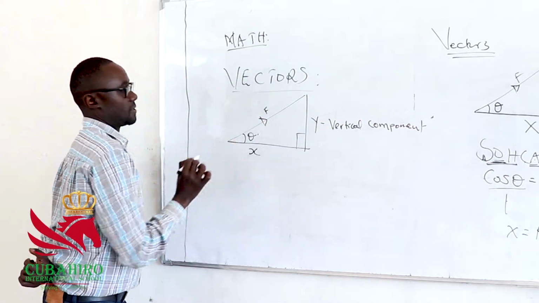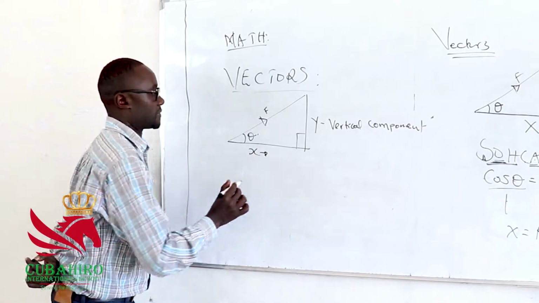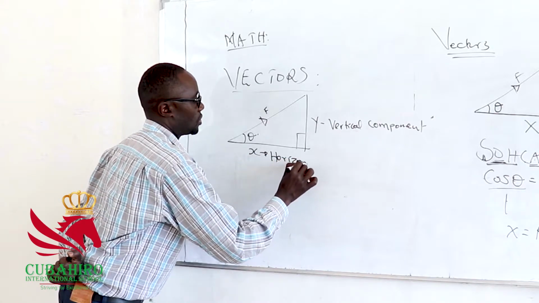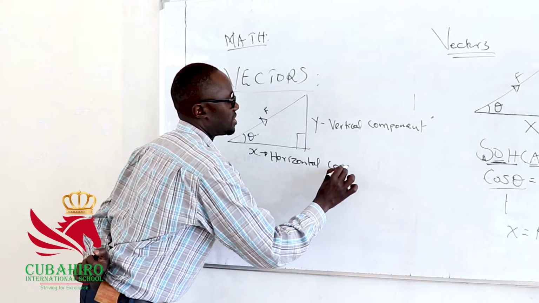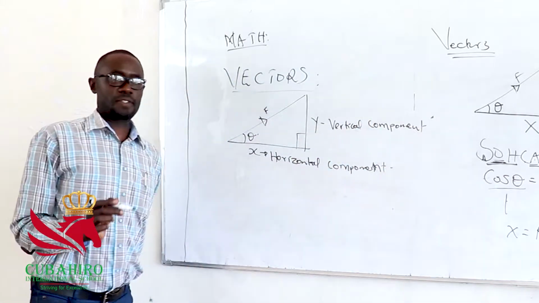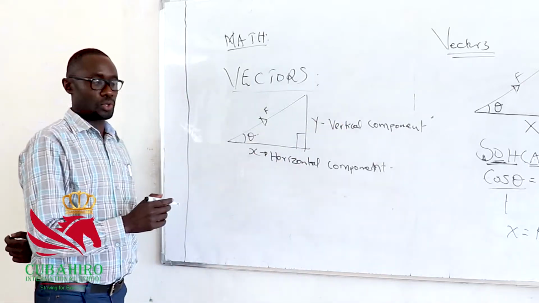And this is x, the horizontal one. The special name for that in mechanics is the horizontal component. This is very common in mechanics, very, very common. This is the vertical and this is the horizontal.